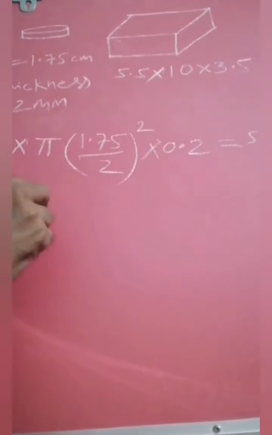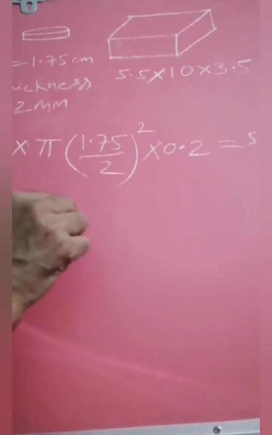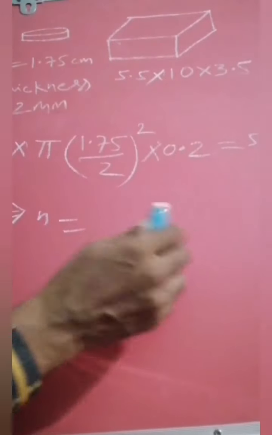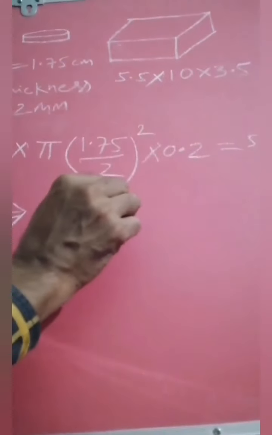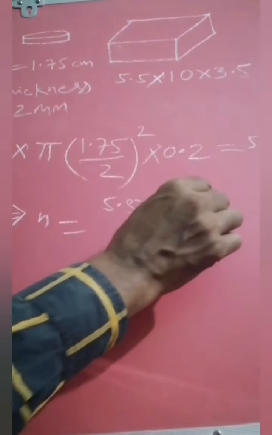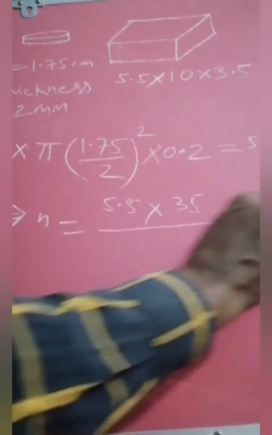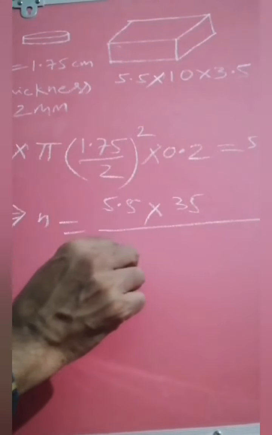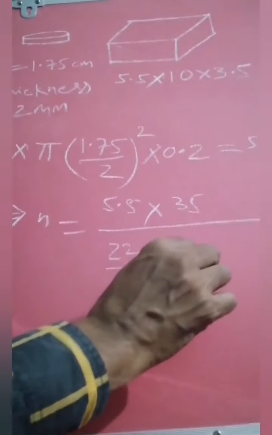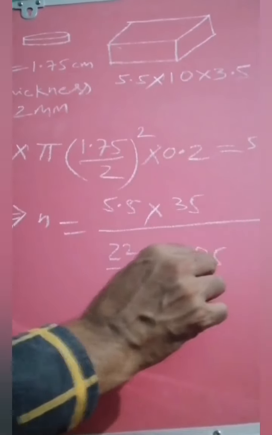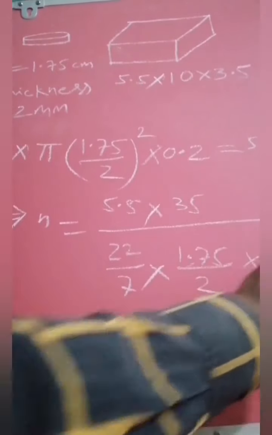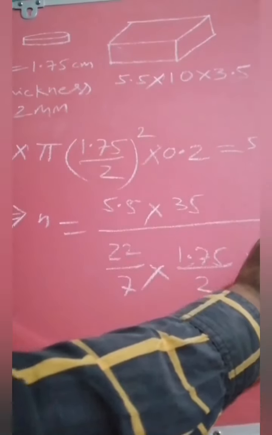That implies n is equal to, this part we will move to the right side. So on the right side we have 5.5 into 10 into 3.5, which I can write as 35, divided by pi, which is 22 by 7, into 1.75 by 2 whole square, 2 times 1.75 by 2 into 0.2.